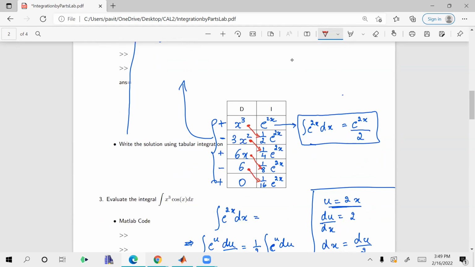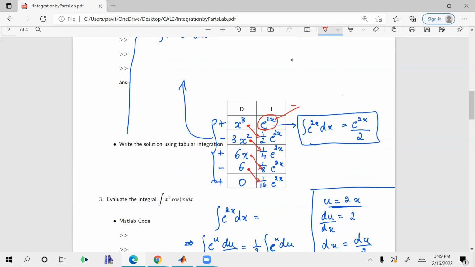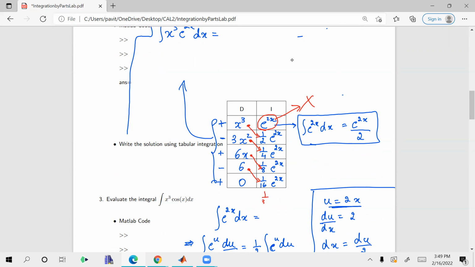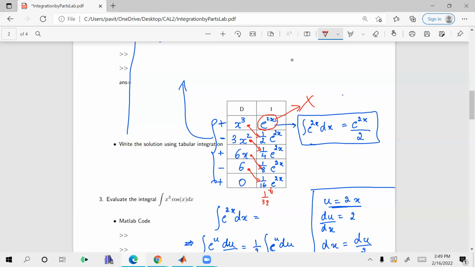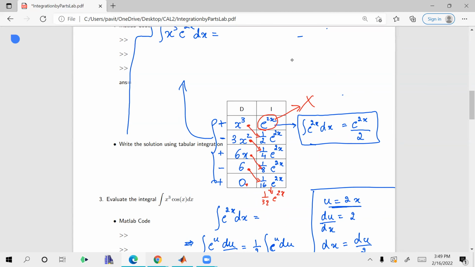Now we are going to eliminate this completely. We don't want e to the power of 2x. And also 0. Why 0? Because when you integrate this one, you get 1 over 32 e to the power of 2x. Even when you cross multiply this, you're going to get 0 there. So 0 is like a stopping criteria.